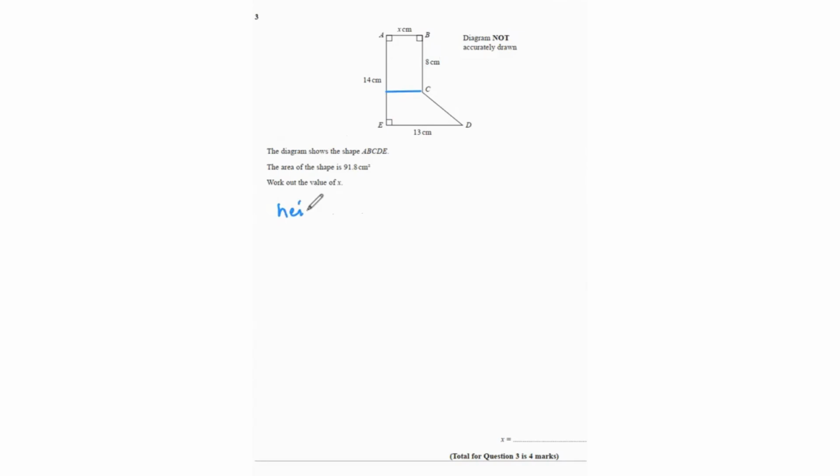So height of trapezium is going to be 14 minus 8, which is 6 centimeters. So if I mark this over here, this is 6. This is also x because it's the same length.